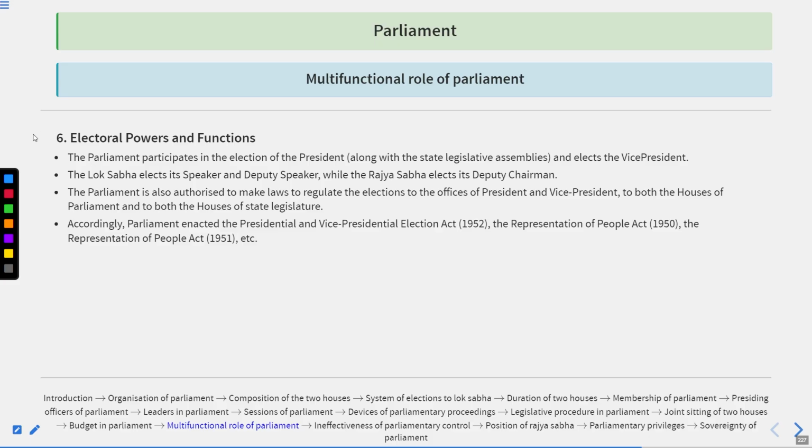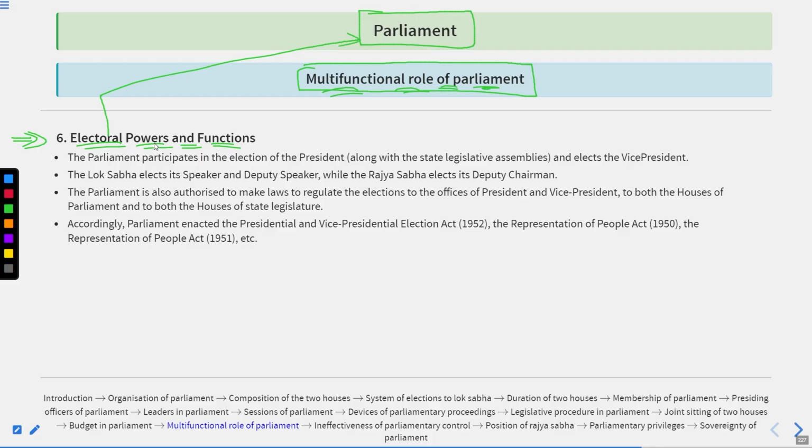Thereafter, in the Parliament, under the head of the multifunctional role of a Parliament, we have 6 points. And the 6th point is electoral powers and functions. What are the electoral powers or functions being exercised by the Parliament?